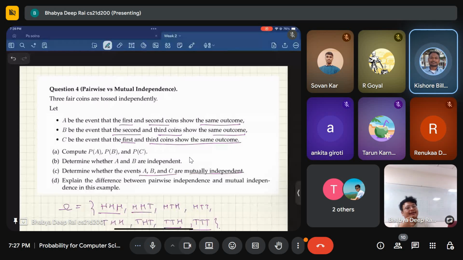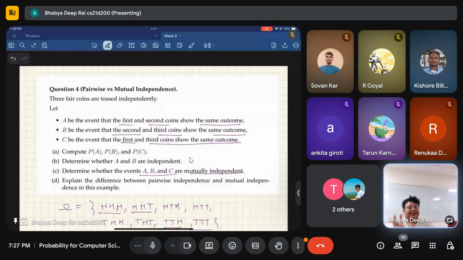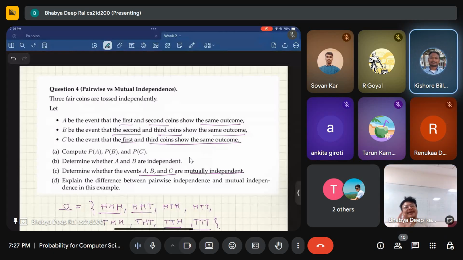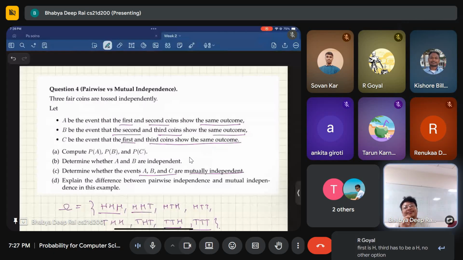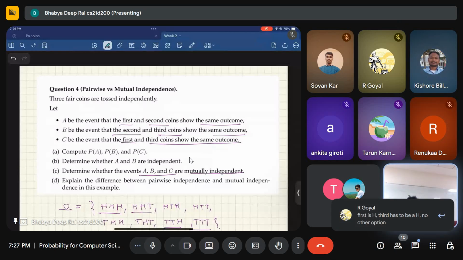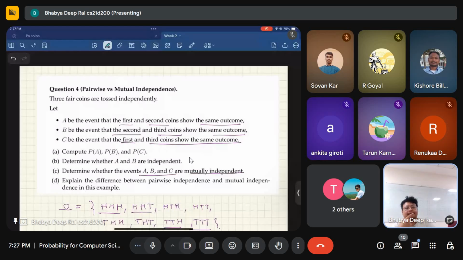What we have to determine is whether the events A, B, C are mutually independent, and by calculation we said that they are not; they are mutually dependent. But what is the intuitive explanation? Goel says the first is the third, it has to be H, no other option. That's right.